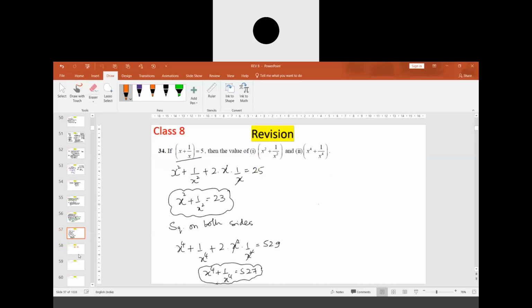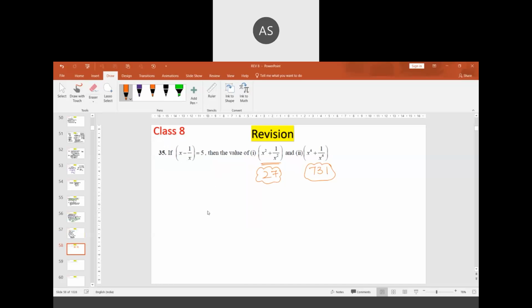5 to the power 4. Yes, sir. We are not doing 5 to the power 4. From here, whatever result we get now, we are squaring it. 27 square we are doing. In the previous question also we did the same thing.